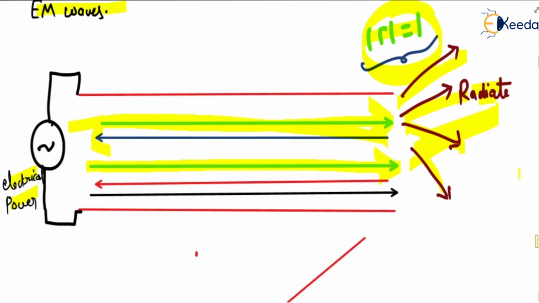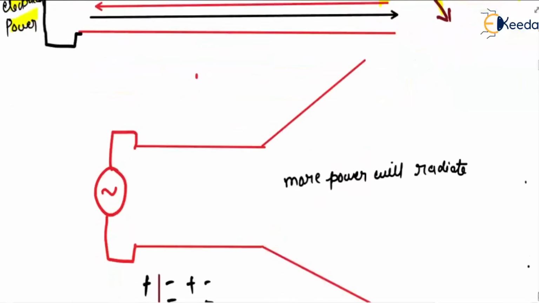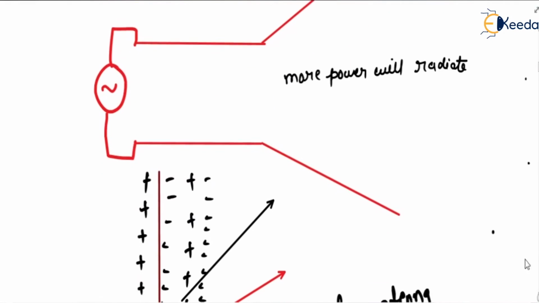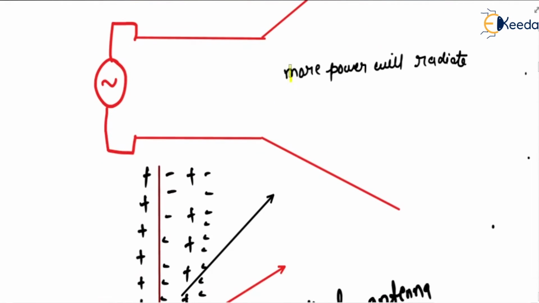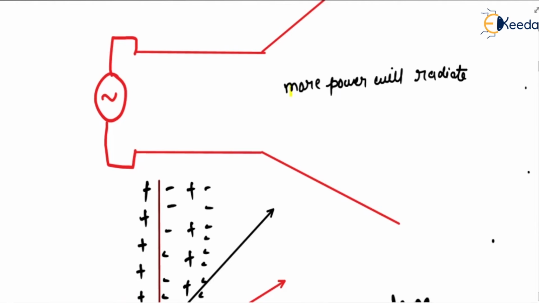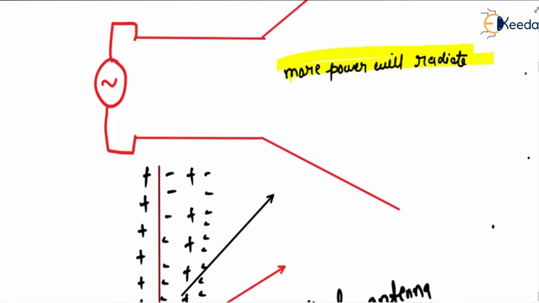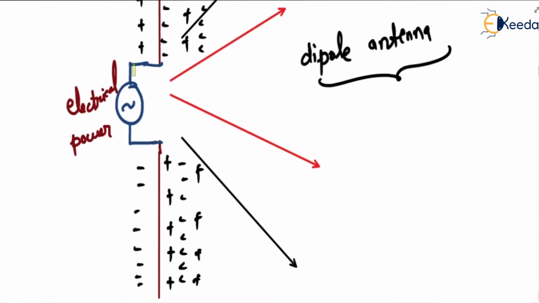And if we want to increase the radiated power, then we can open the load end side more, so more power will radiate, and the maximum power will radiate when this opening is maximum.